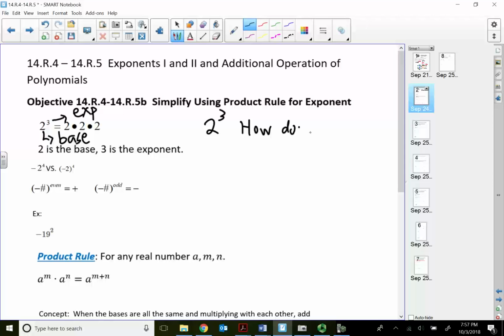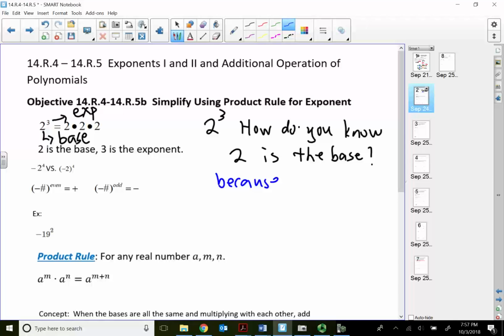how do you know 2 is the base? What determines 2 as the base? Well, the answer is because the exponent 3 is actually sitting on top of the 2.